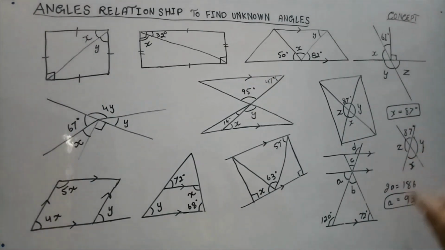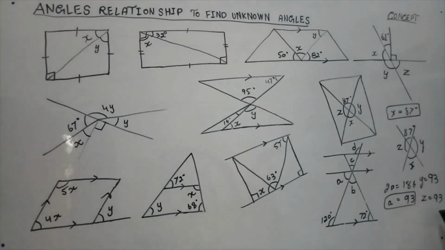It means that y is equal to a. I can say that y is equal to 93 degrees. y is equal to a, and the value of a is equal to 93, so y is equal to 93, and z is also equal to a, so z will be equal to 93 degrees. Clear?